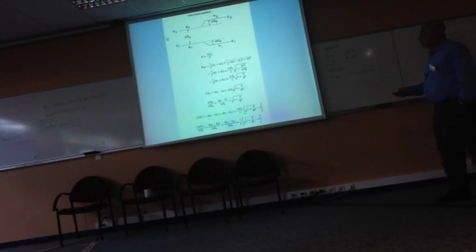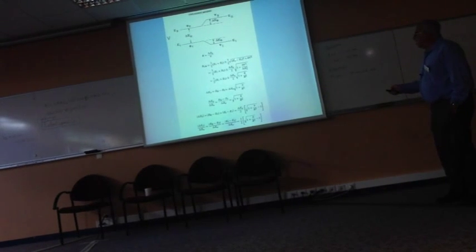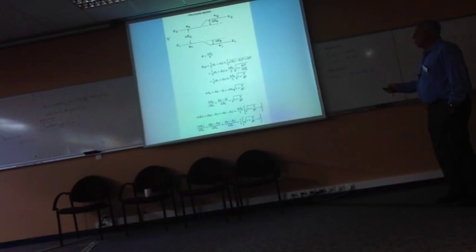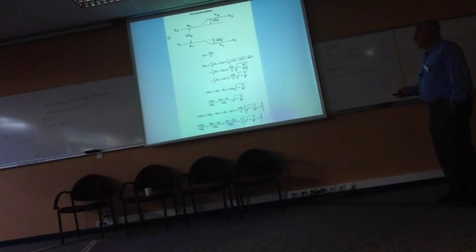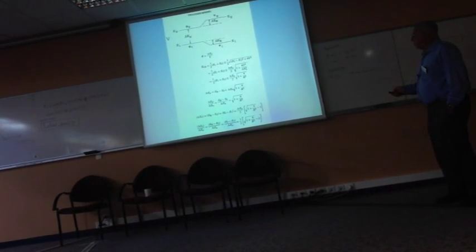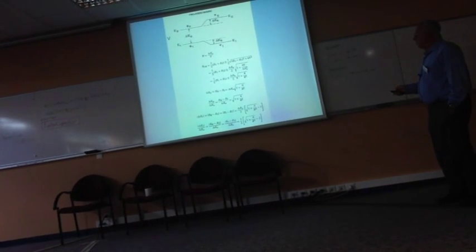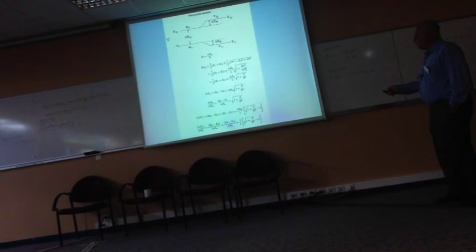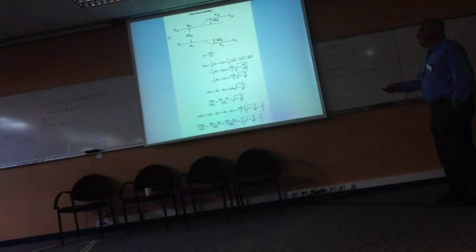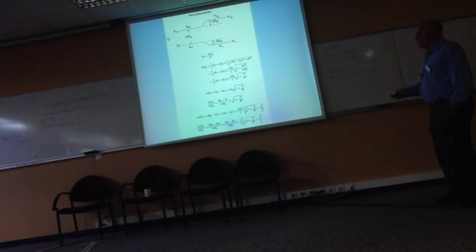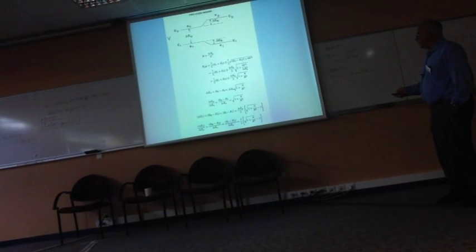And I can take out, the E2 minus E1 is the unperturbed energy difference. So I can pull that out and I get plus or minus delta E unperturbed over 2, times the square root of 1 plus 4V squared over delta E unperturbed squared. All I've done is just take this out of the square root and call it delta E unperturbed. And now using R, I can write this as the same thing: the square root of 1 plus 4 over R squared.